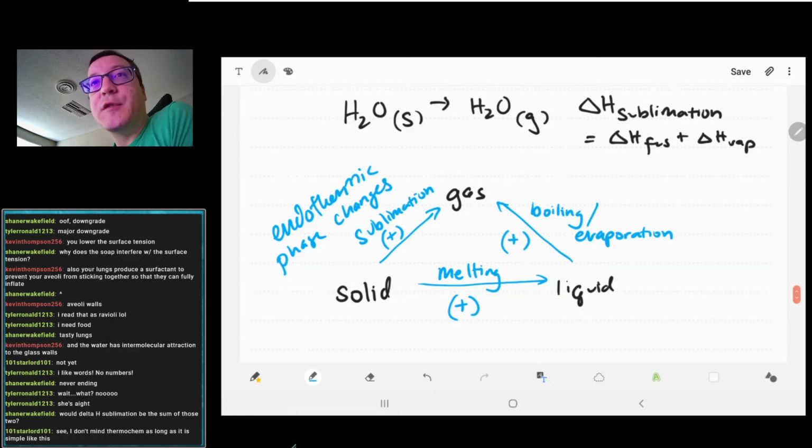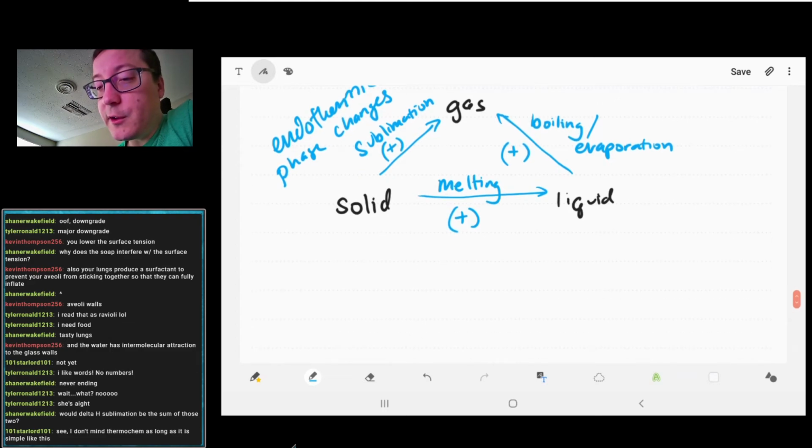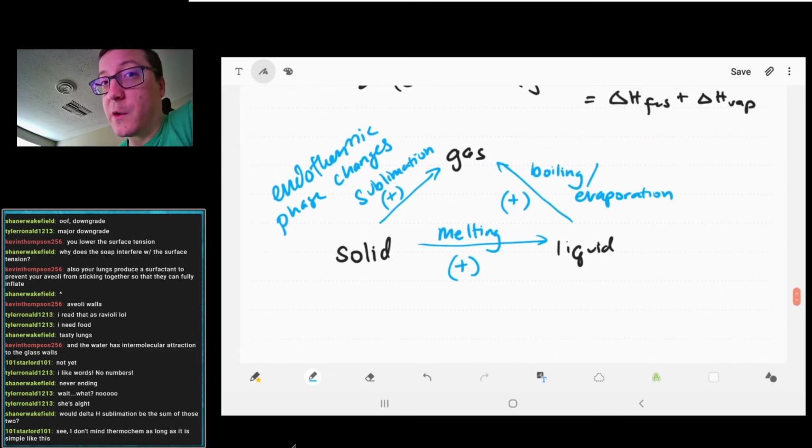So delta H for all of these would be positive, right? These are all endothermic phase changes. So endothermic, remember, means we're going from lower energy to higher energy, right? We're absorbing energy. So solid is going to have the lowest energy, then liquid, and then gas.